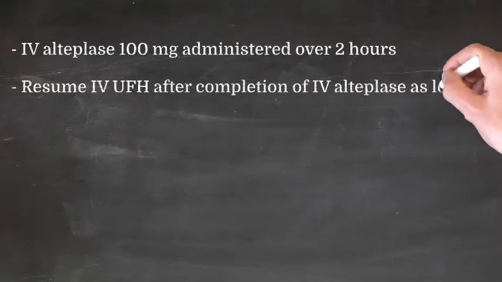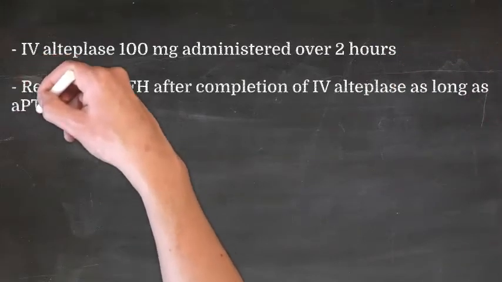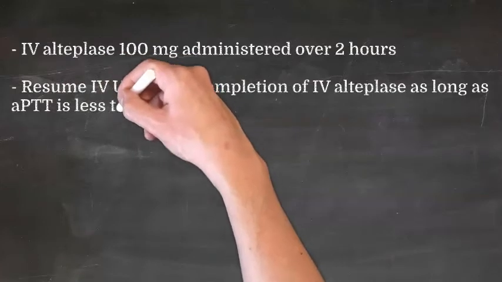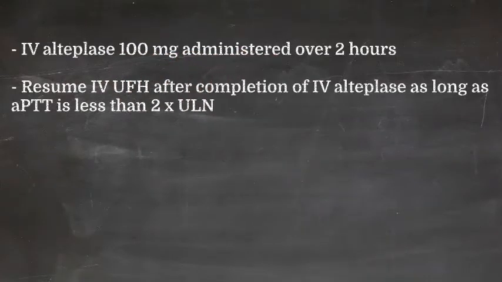Some will drop the rate of unfractionated heparin but still keep it on. Others stop it and give TPA first to minimize the risk of bleeding. That's the approach I prefer as well: to discontinue IV unfractionated heparin if you've already started it, and start the patient on IV alteplase 100 milligrams, which is given over 2 hours.